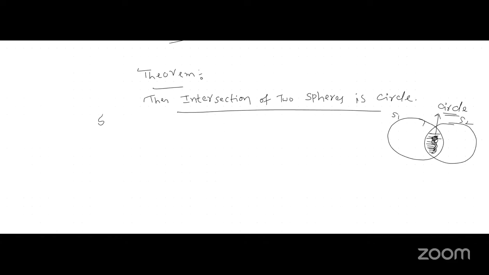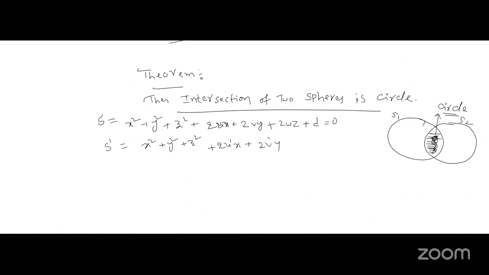S equal to the first sphere is x square plus y square plus z square plus 2ux plus 2vy plus 2wz plus d equal to 0, and one more S dash equal to x square plus y square plus z square plus 2u dash x plus 2v dash y plus 2w dash z plus d1 equal to 0.